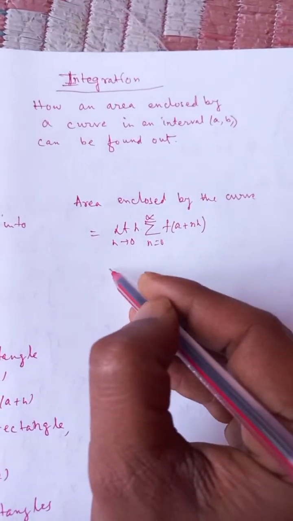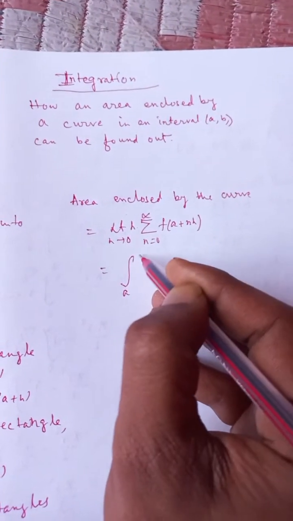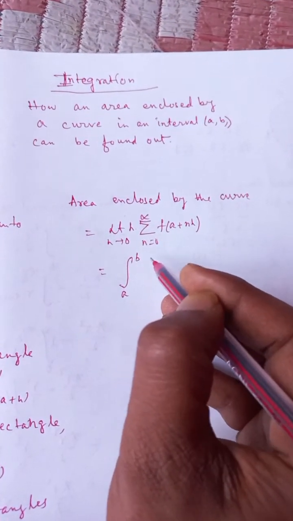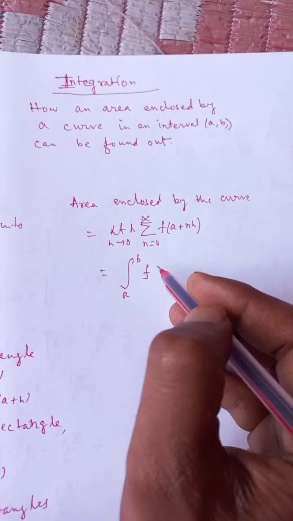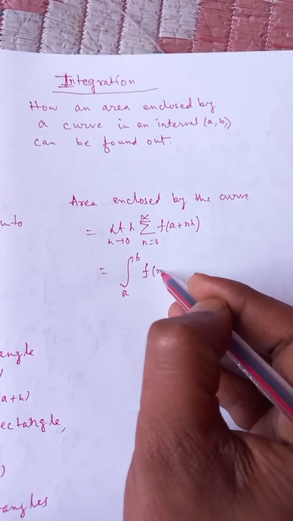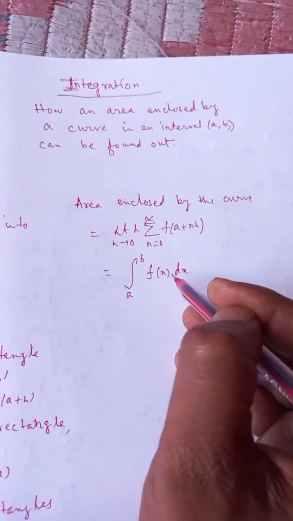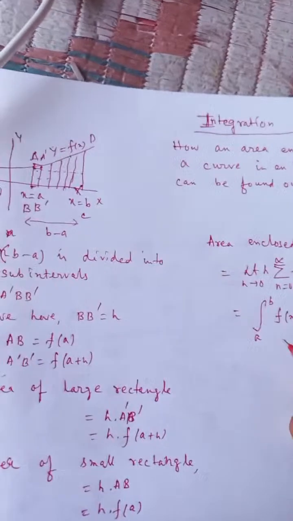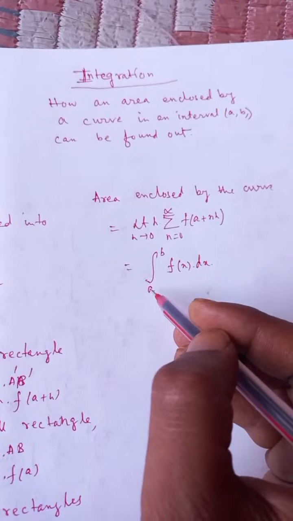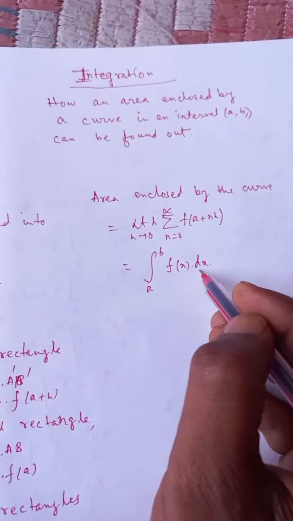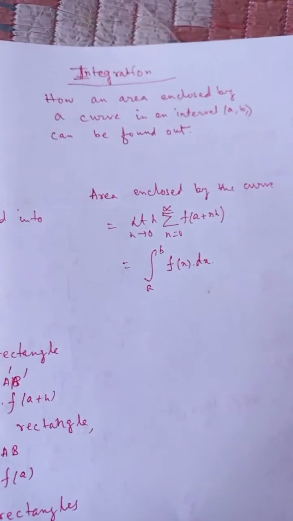In integration form, we can write this as the integral from a to b of f(x) dx. So we have to integrate f(x) with respect to x from the point a to b. Then we can find out the area.